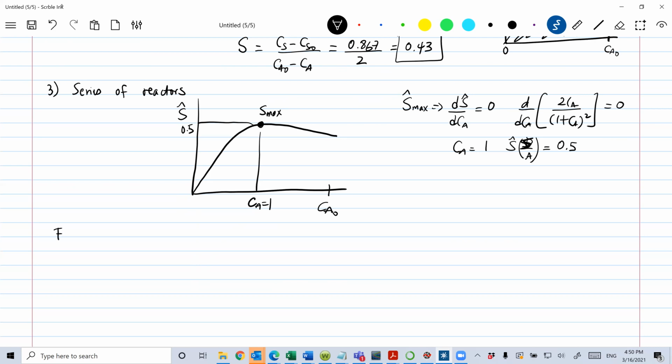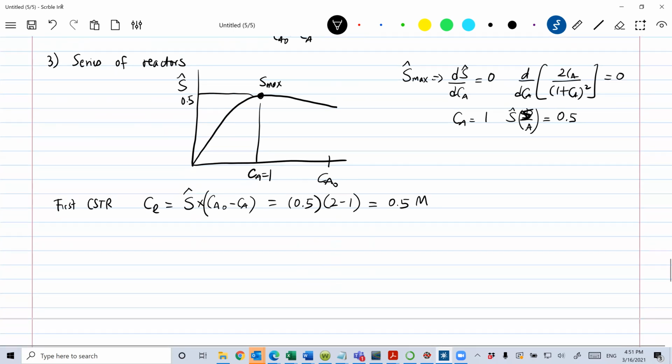So if you put the CSTR first, then CR is S times CA naught minus CA. And that's 0.5 times 2 minus 1. And this is 0.5. This is the concentration of CR that's coming out of the first reactor.